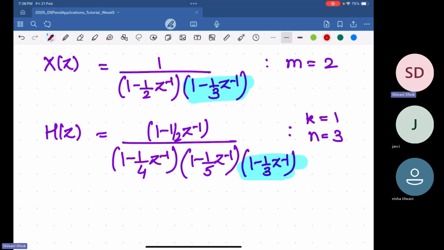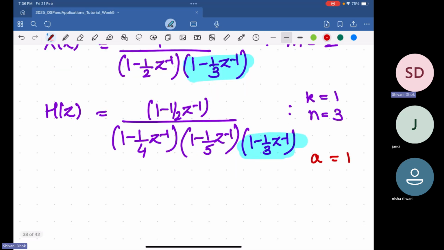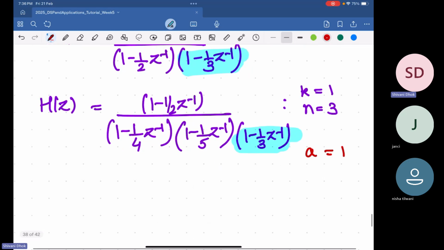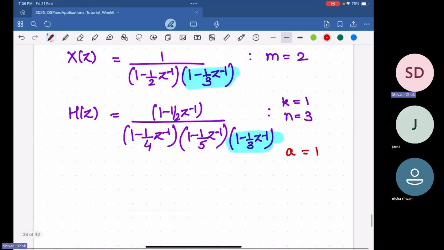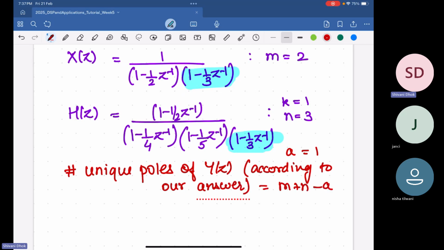So therefore, a is equal to 1. Now, according to our answer, what should be the number of unique poles? That will be m plus n minus a, that is 2 plus 3 minus 1, that is equal to 4.